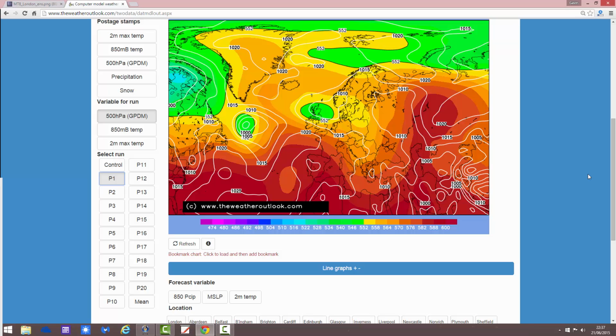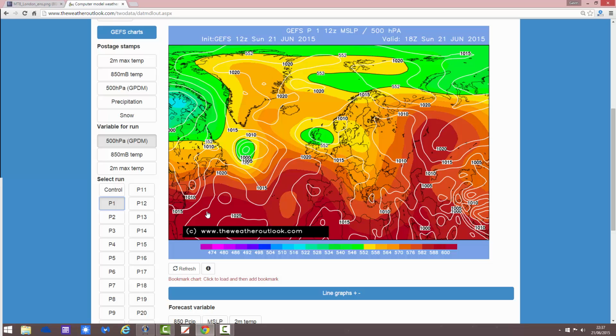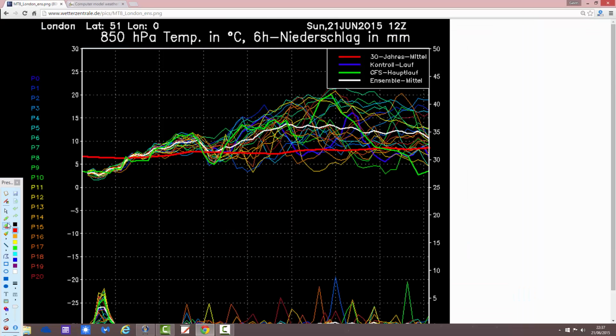But as well as that, we can also see how they work out in terms of the synoptic pattern. So, for instance, we're starting here. The chart we're looking at just here is from perturbation number 1. On this chart, perturbation number 1 is indicated just there, and it is somewhere within the spaghetti here.